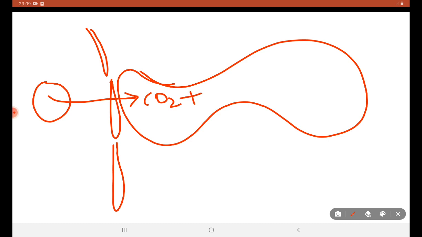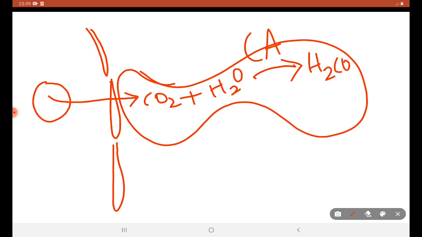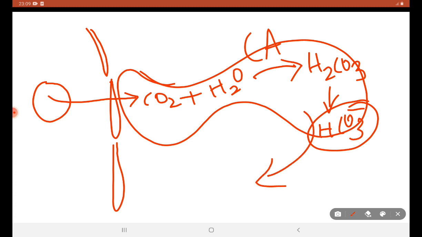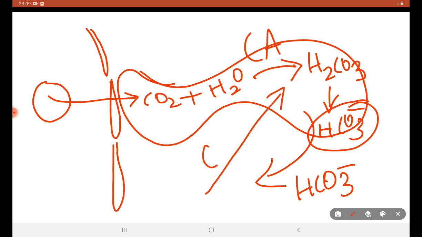It combines with water to form carbonic acid, with the help of an enzyme called carbonic anhydrase, to form H2CO3. It again dissociates to form HCO3 minus. This HCO3 minus will be transported out of the RBC, and chloride ion goes inside for compensation.